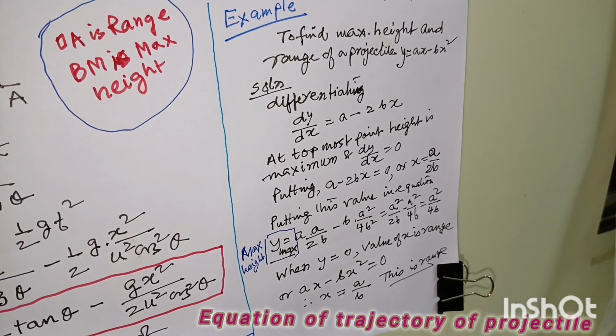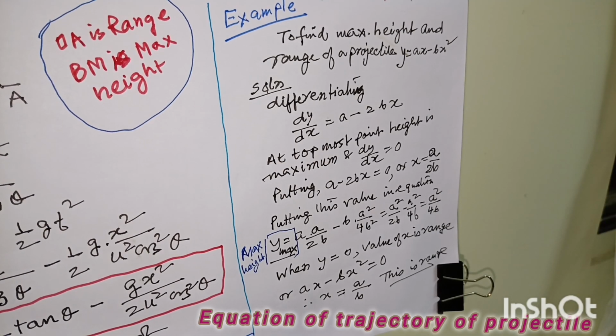Now dy by dx is the slope. The slope of the parabolic curve becomes horizontal at the topmost point, so the slope becomes 0. So we put a minus 2bx equal to 0, or x equal to a by 2b.